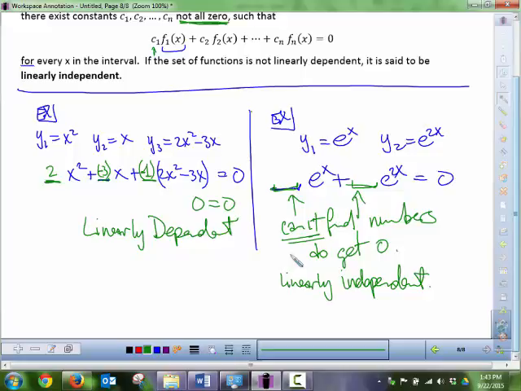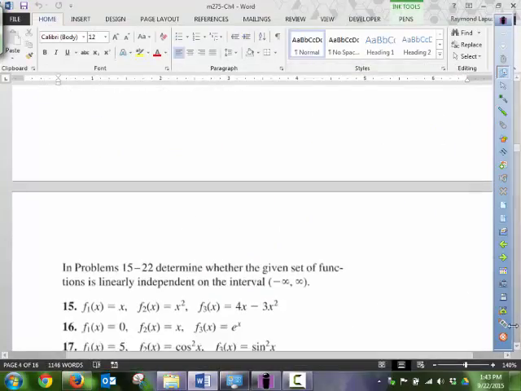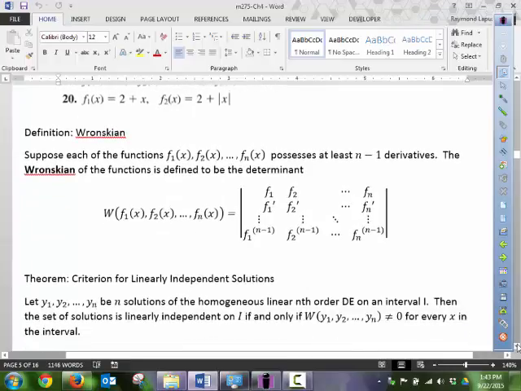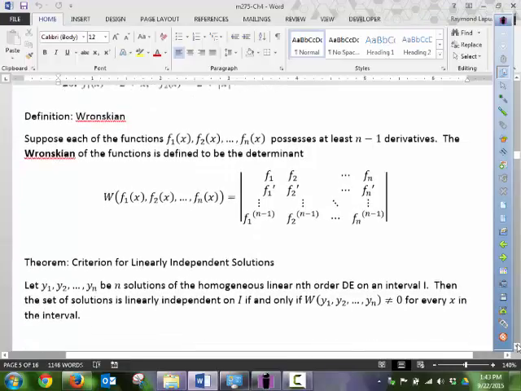All right, so a quicker way, hopefully, to find out if something is independent is what's called the Wronskian. Wronskian.